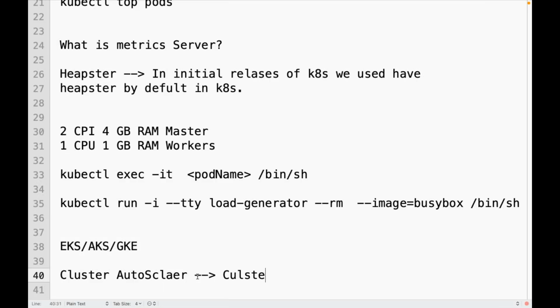This cluster autoscaler can scale nodes itself in managed Kubernetes clusters.